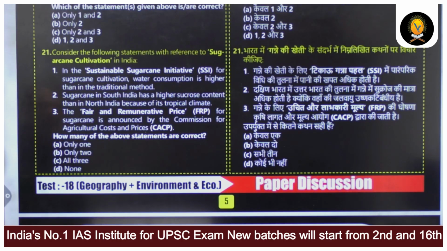The fair and remunerative price for sugarcane is announced by the Commission for Agricultural Costs and Prices, CACP. Yes, it is announced, FRP.